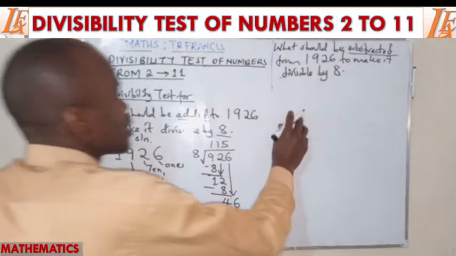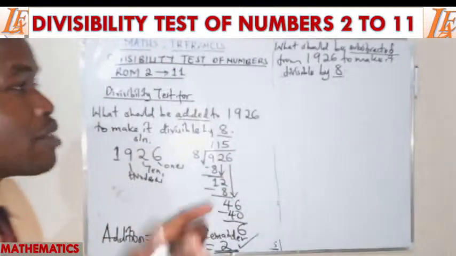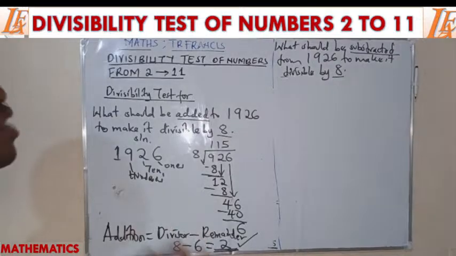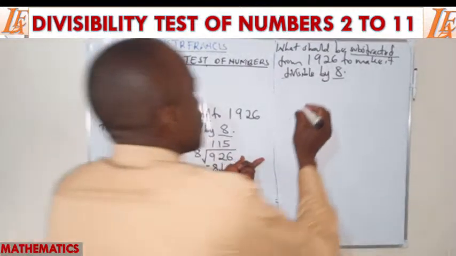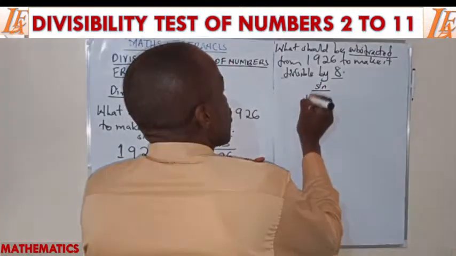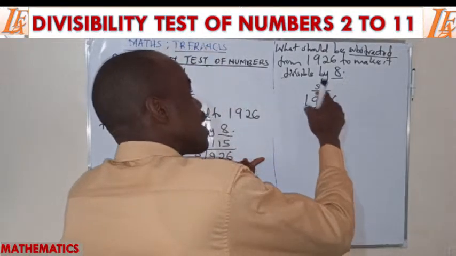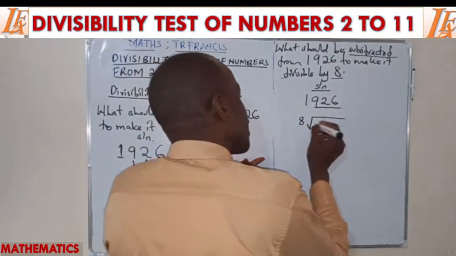Now, what should be subtracted? Again, you must recall the divisibility test for 8. A number is divisible by 8 if the digits in the ones, tens, and hundreds place values form a number which is a multiple of 8. Therefore, we have the solution. We have 1, 9, 2, 6. We look at this number in the ones, tens, and hundreds place values again.